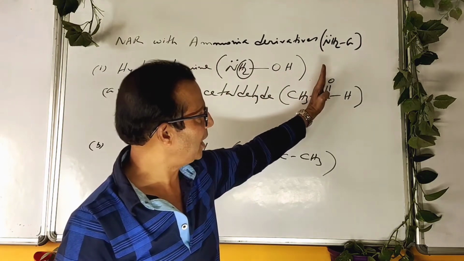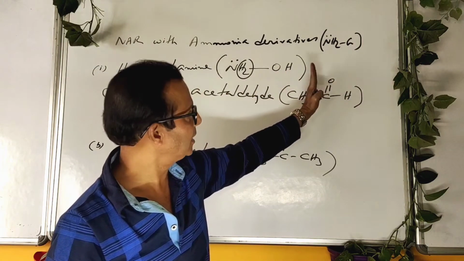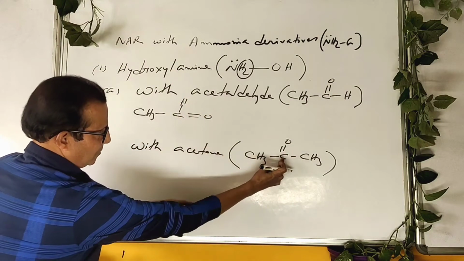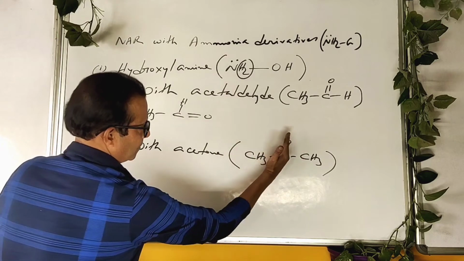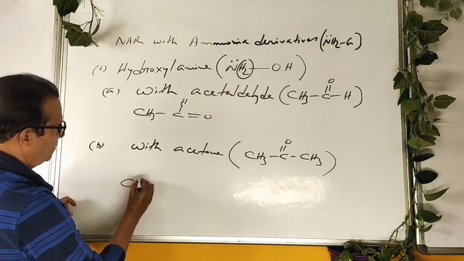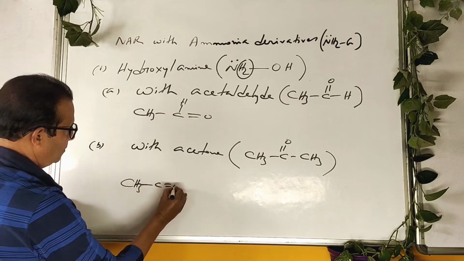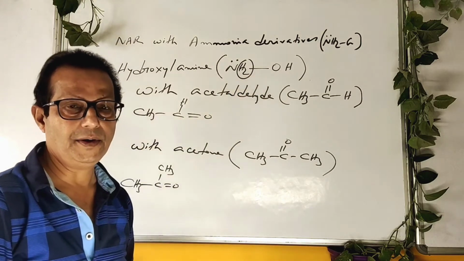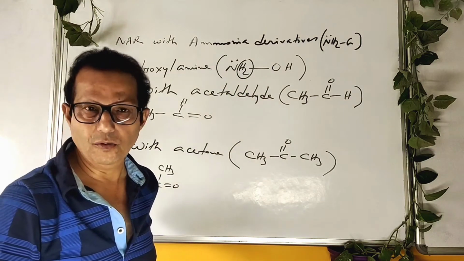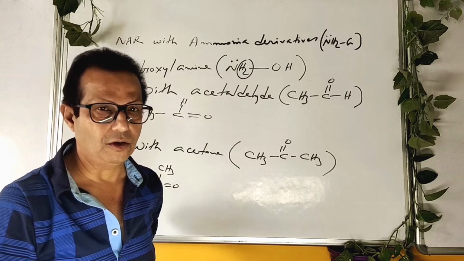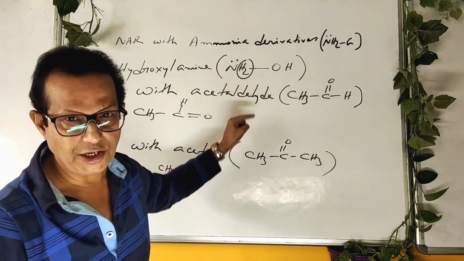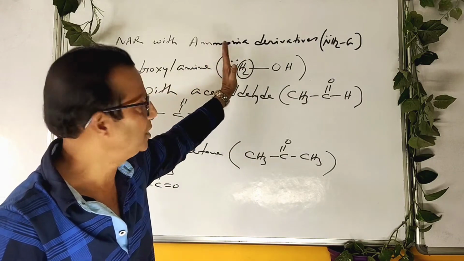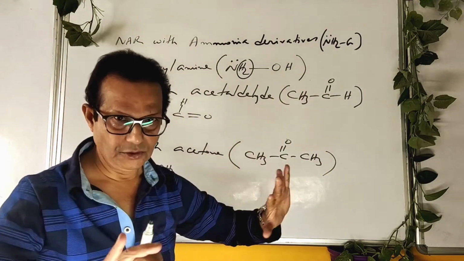Write C double bonded O like this, straight. I have already told you that whenever you practice at home the reactions of carbonyl compounds, aldehydes, ketones with ammonia derivatives, just bring the hydrogen of left side in front of nitrogen. The latter don't touch.